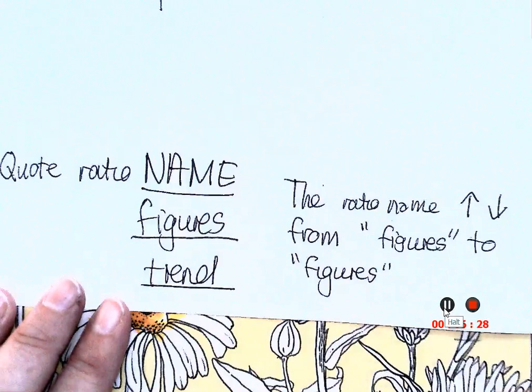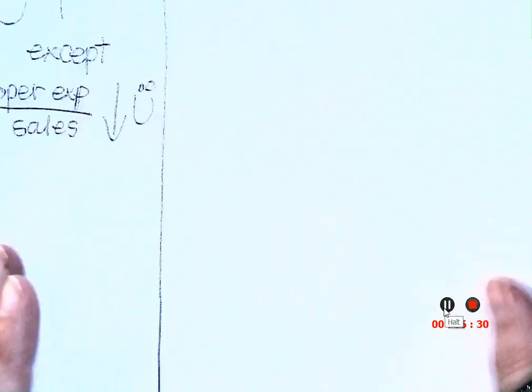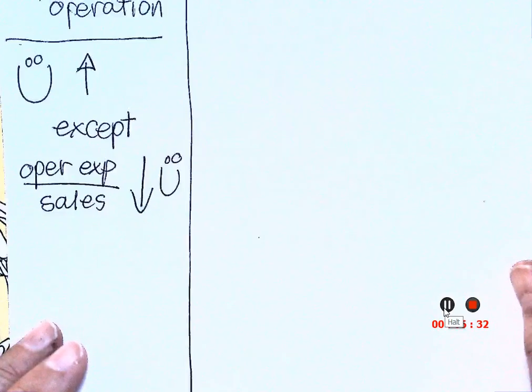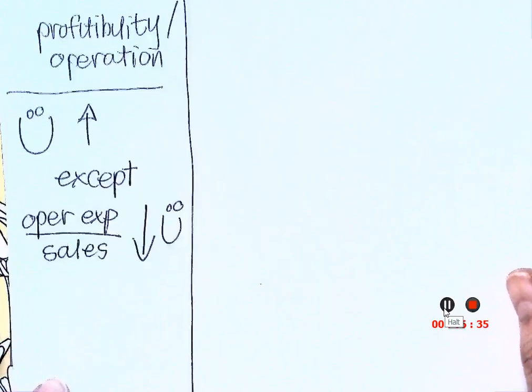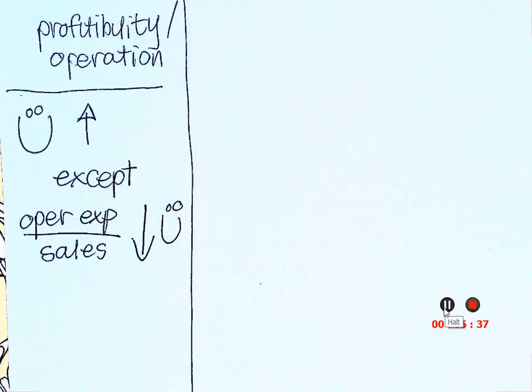Now if I look at this, let me say again. If I look at my 6 ratios, or is it 5? I can't remember, I think it's 5. So it's operating profit on sales, cost of sales on sales, gross profit on cost of sales. Is it 6?